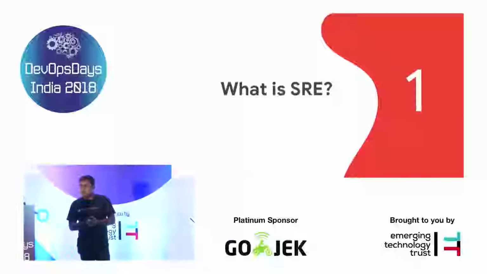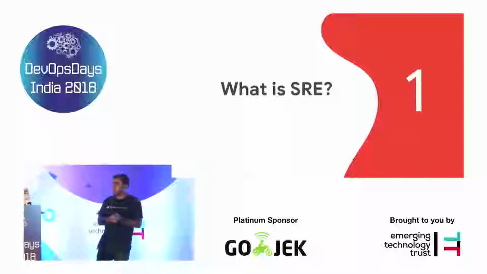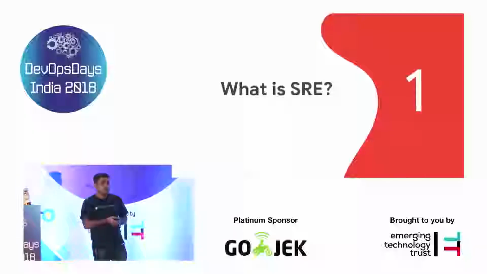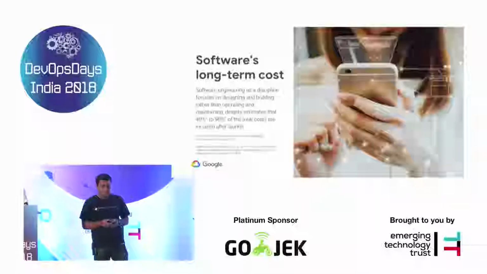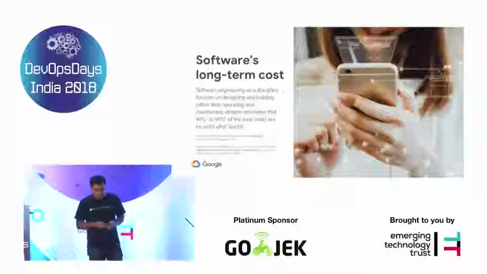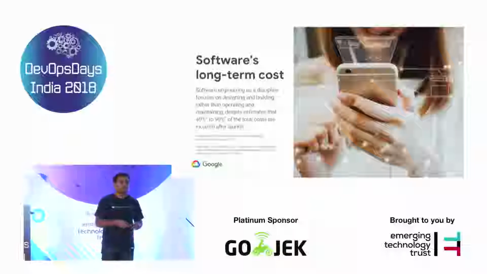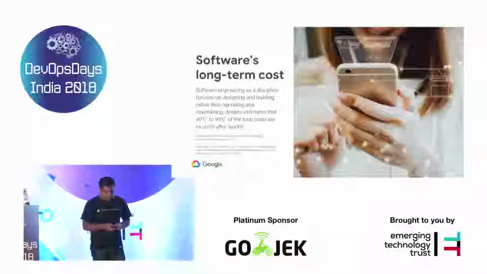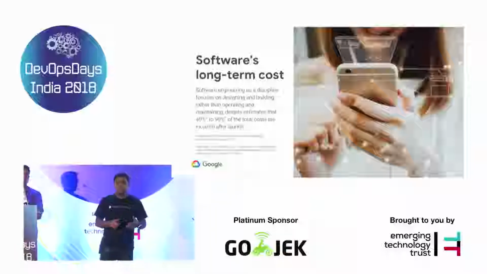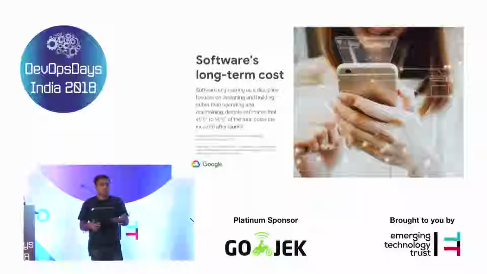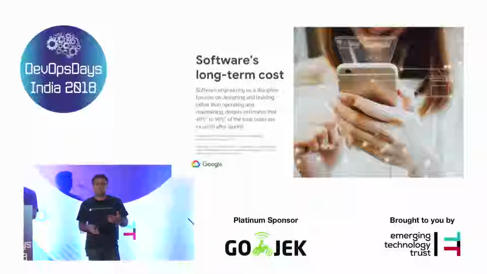Okay, so let's start talking about what SRE is and what problems SREs solve. Now, if you talk about the TCO of a software, traditionally the way it works is you have the development teams, and their focus is just to get the features and functionalities out.